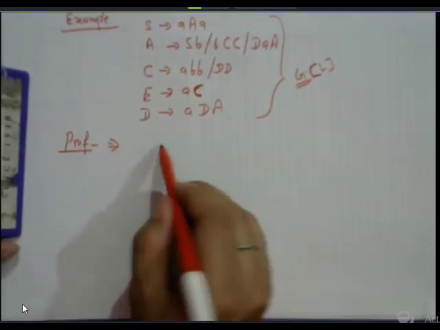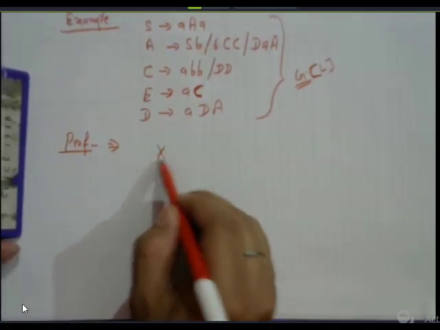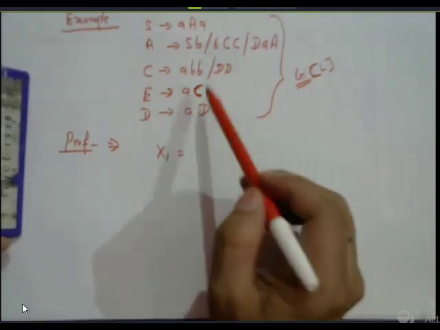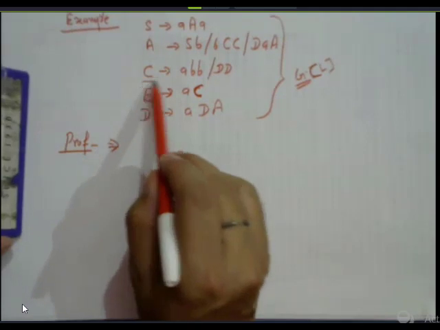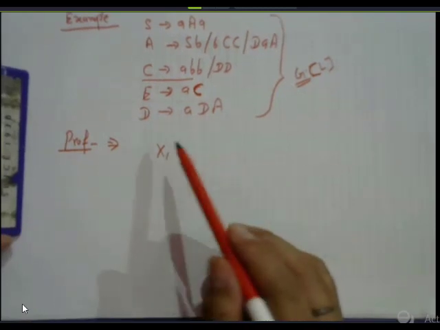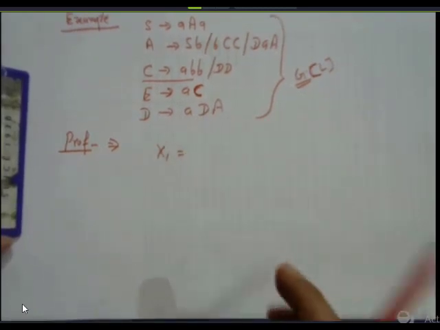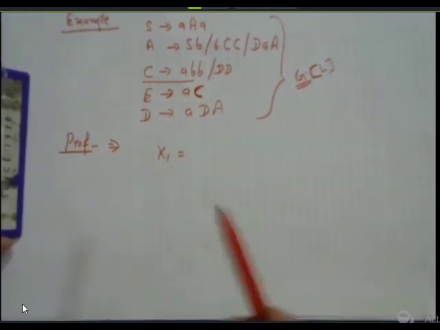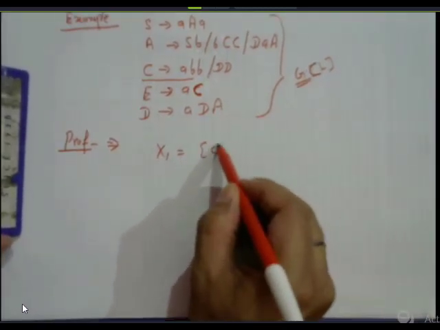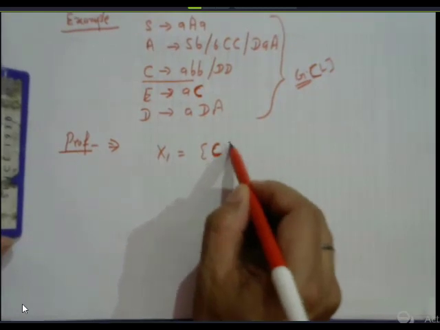Suppose X1 is the set of symbols which give the terminal symbol, that is C, which gives the terminal symbol, and there is no other symbol which can give the terminal symbol. Only C can give the terminal symbol. Then we are using C as the symbol, that is just only C.